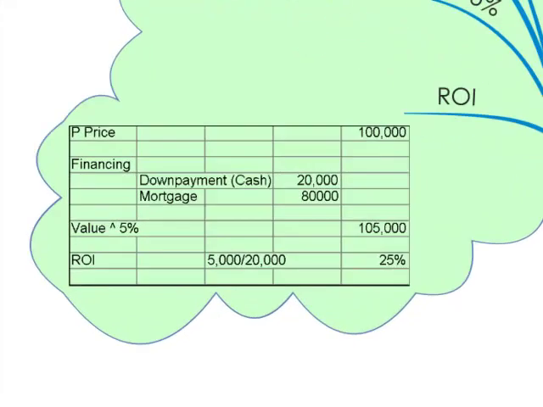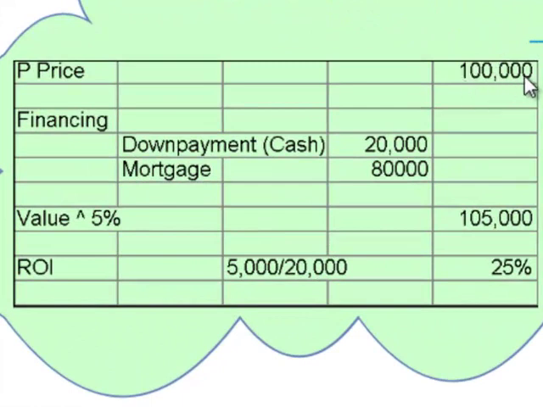So let's look at it. Effectively, what we're looking at here is a purchase price of 100,000. Financing is different. We've now put 20,000 of our money into the deal and 80,000 of the bank's money, other people's money, and the value has increased by 5%. So it's gone from 100 to 105,000. So the return on investment has changed, because we still have that 5,000 increase in capital appreciation, but we only put 20,000 of our money into the deal.